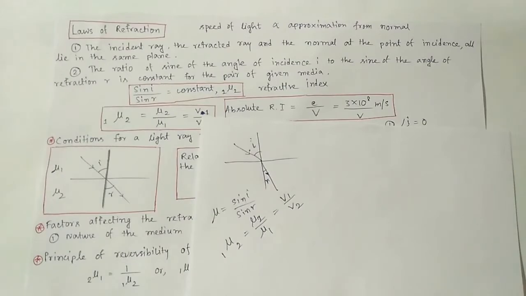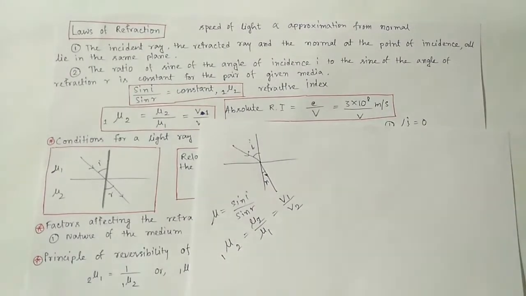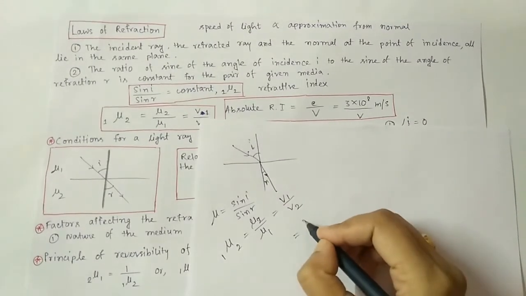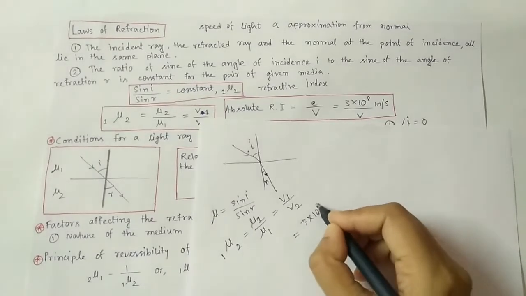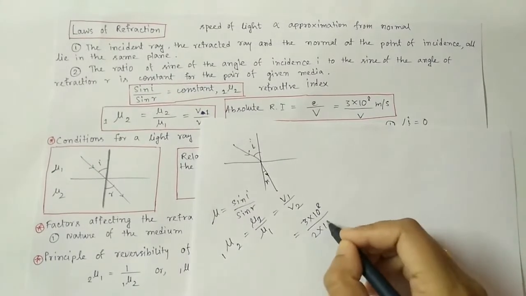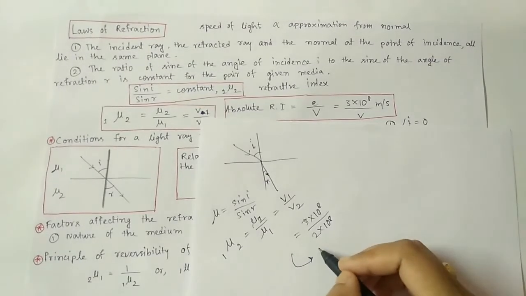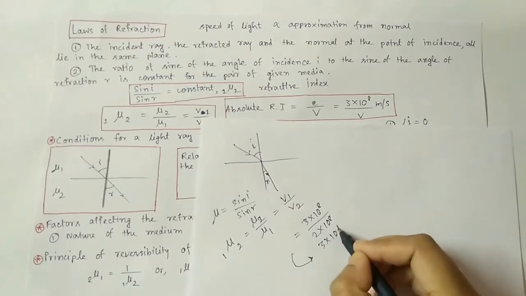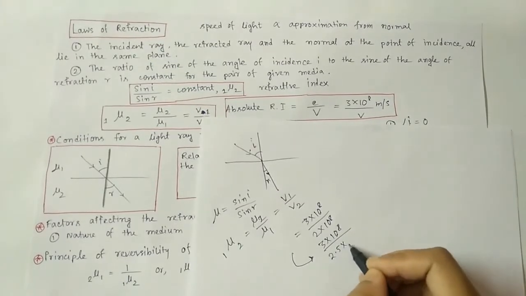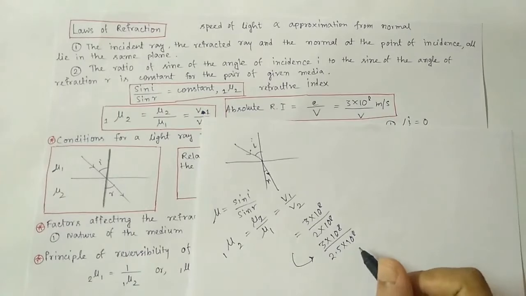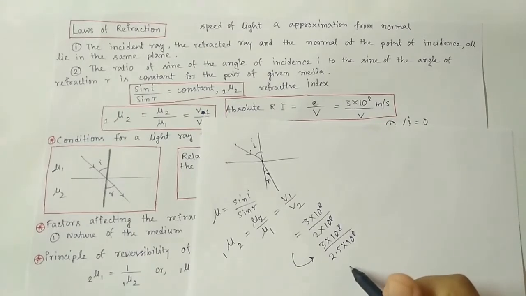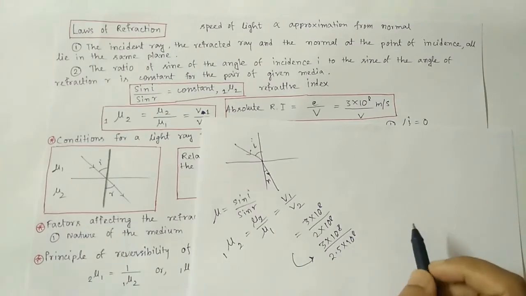If v2 increases, that is, the velocity of the light ray in the second medium increases, then this mu12 will also decrease. Suppose previously it was 3 into 10 to the power 8 by 2 into 10 to the power 8, and now suppose it becomes 3 into 10 to the power 8 by 2.5 into 10 to the power 8. In this case, the velocity of light is increasing in the second medium due to the increase in temperature.